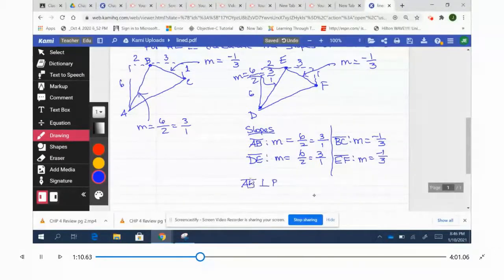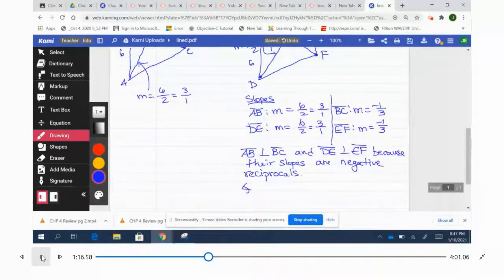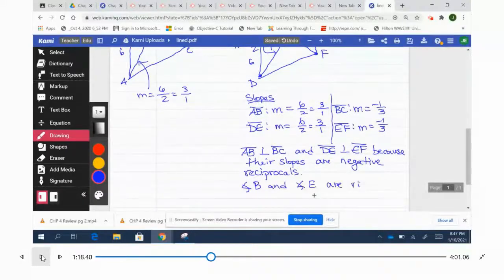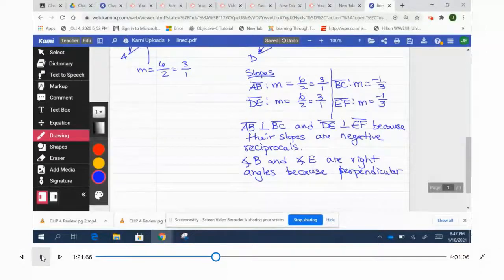Okay, just line these up. Now we've got to talk about perpendicular. Why is AB perpendicular to BC? Why is DE perpendicular to EF? It's because their slopes are negative reciprocals. Now we can say that angle B and angle E are right angles because perpendicular segments form right angles.